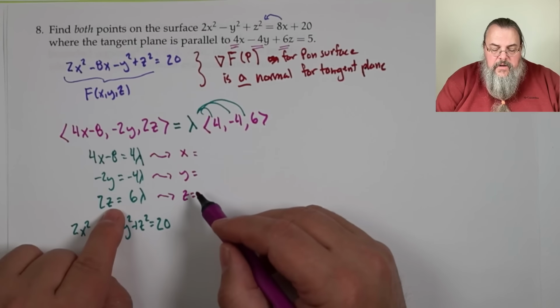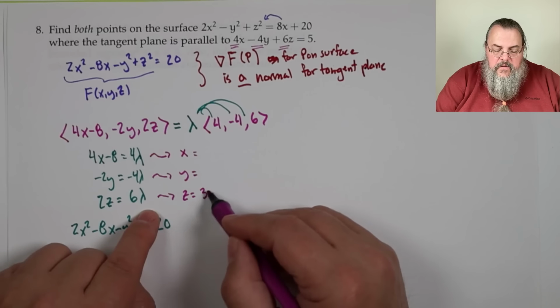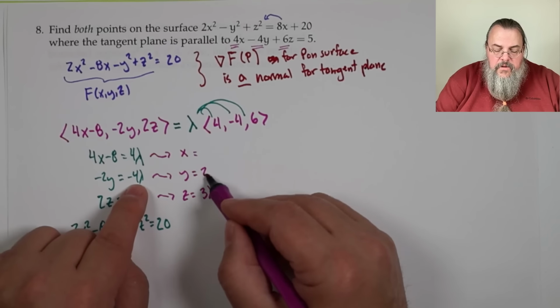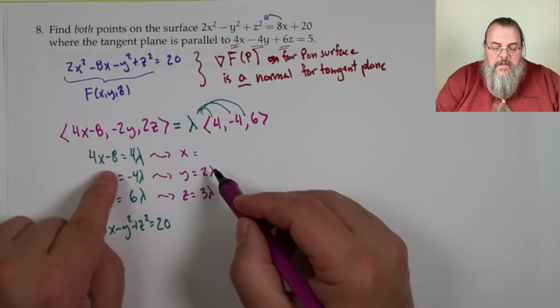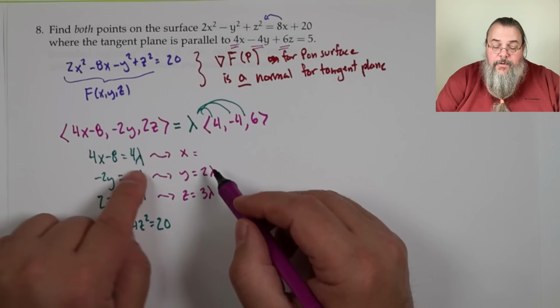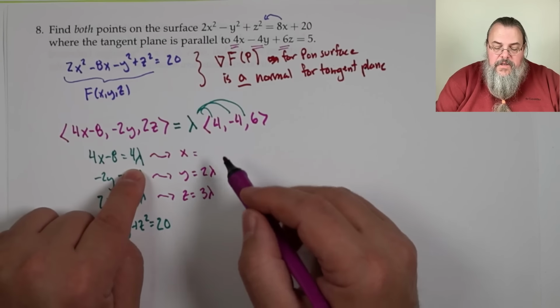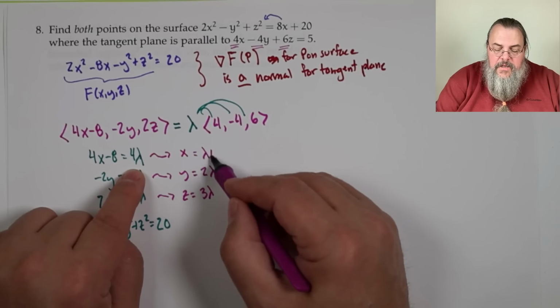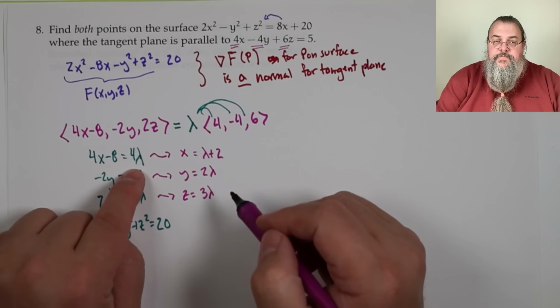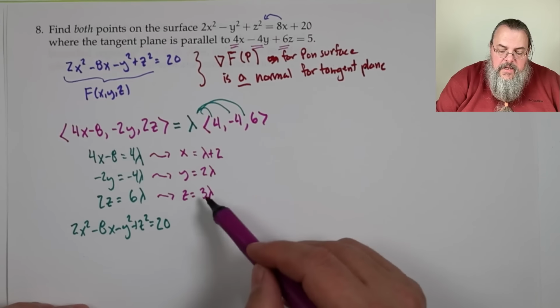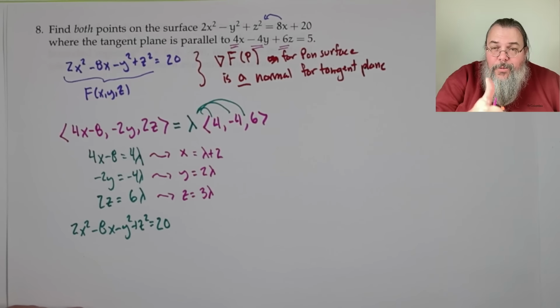Well, starting here, I divide. Z is 3 lambda. Y, divided by negative 2, is 2 lambda. Now here, I would divide by 4, so that's x minus 2 equals lambda, or x equals lambda plus 2. Now notice, I have x, y, and z in terms of just one symbol, lambda.